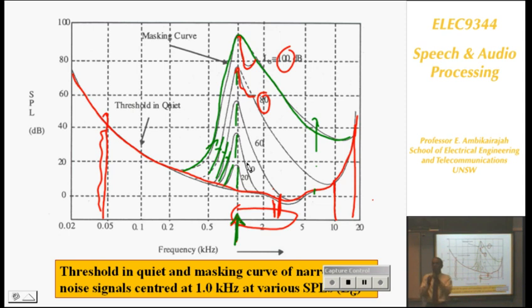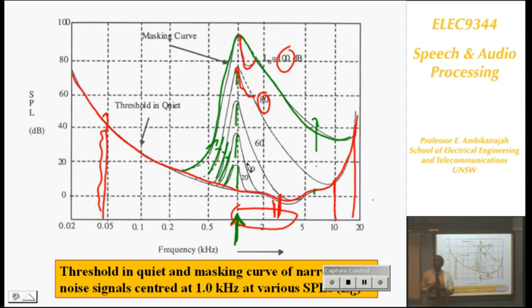Second one: if this is the level I'm giving at one frequency, on this side it will mask a lot of frequencies, and on this side it masks only a few frequencies. Can you see that? If you increase this amplitude, the masking threshold gets steeper and many frequencies will be masked.